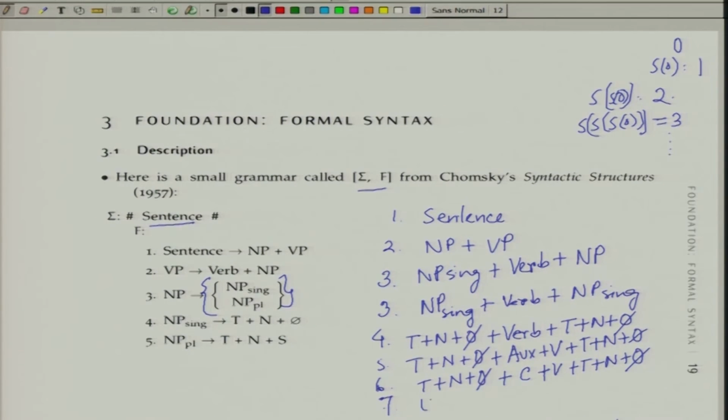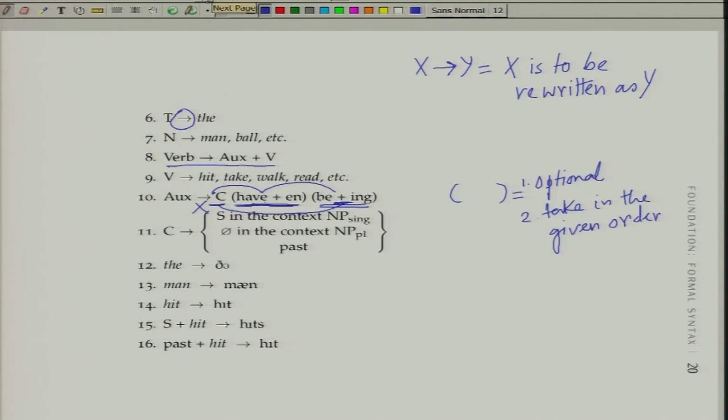T has to be the, and N, once again this is optional, I rewrite N as man. And C, what is my C? C is either nothing in the context when NP is plural, C is S when the context is NP singular, or it is past.